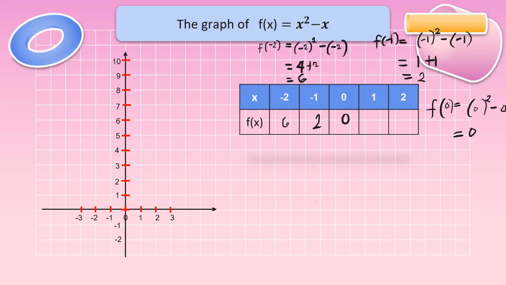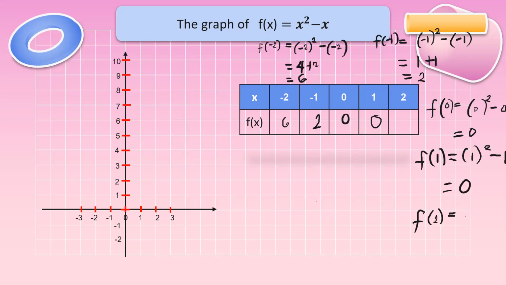Then f of 1. We substitute it into the function: 1 to the power of 2 minus 1. So 1 to the power of 2 is 1. And 1 minus 1 is 0. So that is 0. The last value of x is 2.